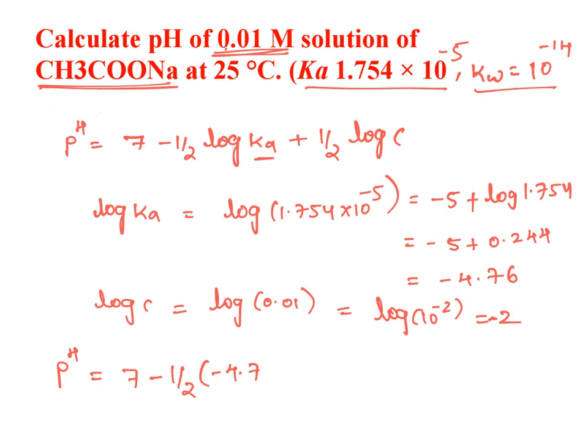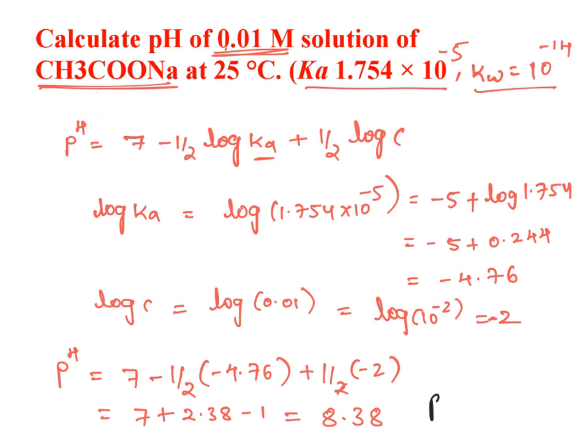Minus 4.76, plus 1 by 2, it is minus 2. 7 plus, minus into minus becomes plus, 4.76 divided by 2, so 2.38. The 2s cancel, it becomes minus 1. 7 plus 2.38 becomes 9.38 minus 1. Then the resulting solution pH is 8.38.